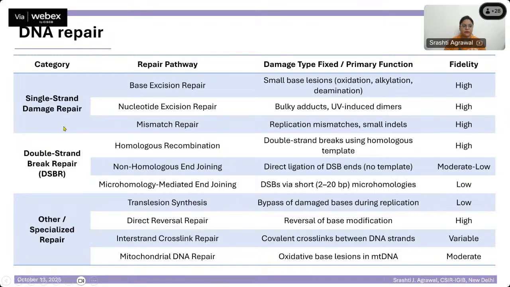They are most majorly of three types. Single strand damage repair, in which only one strand of the DNA double helix would be modified to take care of the repair. We have double strand break repair, in which both of the strands would have to be modified to take care of the repair. And then we have specialized repair, which is only applicable if certain cases occur in the cell.